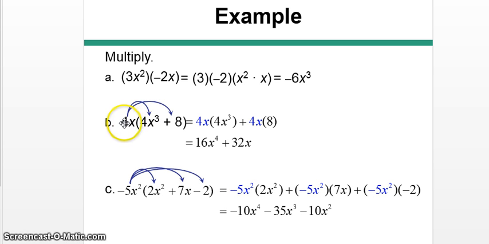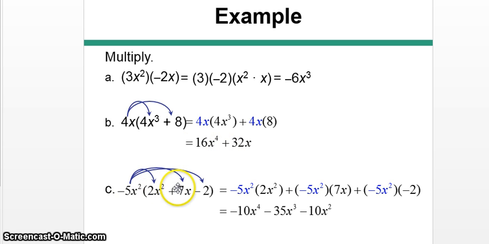Now multiply this monomial with each term of the binomial. 4x multiplied with 4x cubed, plus 4x multiplied with 8. 4 times 4 is 16, x times x cubed is x to the power 4. 4 times 8 is 32x. So the product of a monomial and binomial gives 16x to the power 4 plus 32x.